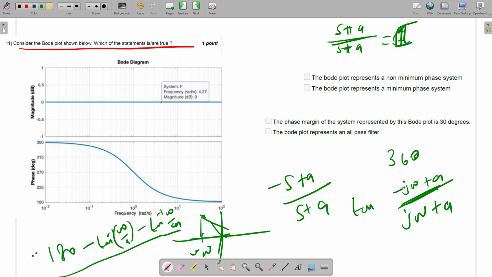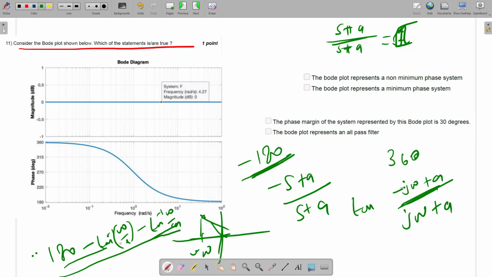So omega is equal to 0, one second. What is omega equal to infinity? At infinity it will be minus 180 degree, correct? Minus 180 or 180, same.